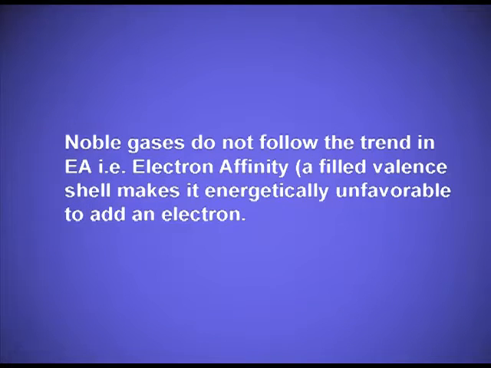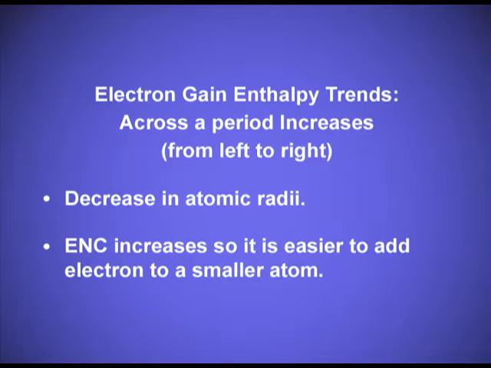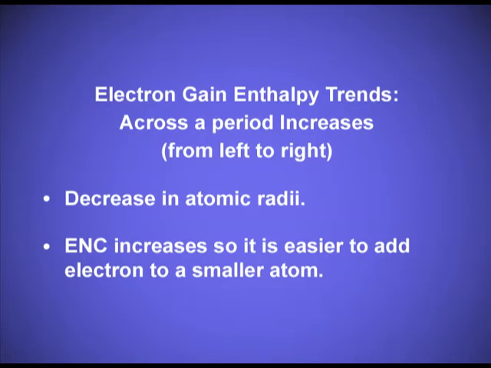Noble gases do not follow the trend in electron affinity because a filled valence shell makes it energetically unfavorable to add an electron. Electron gain enthalpy trends along a period and along a group. First of all, across a period.